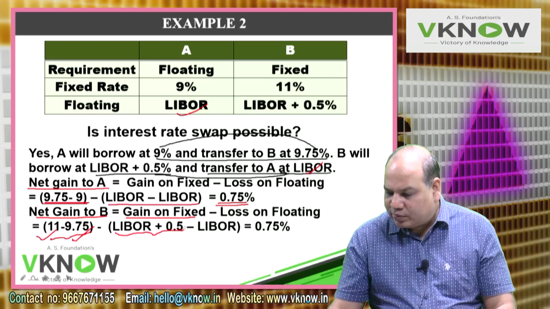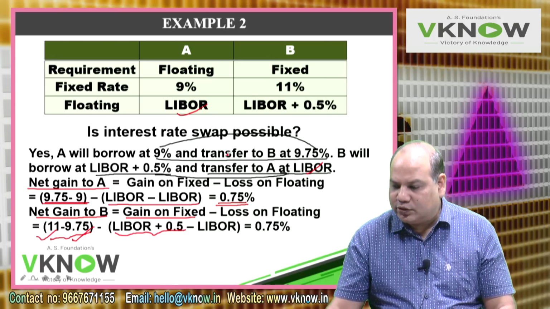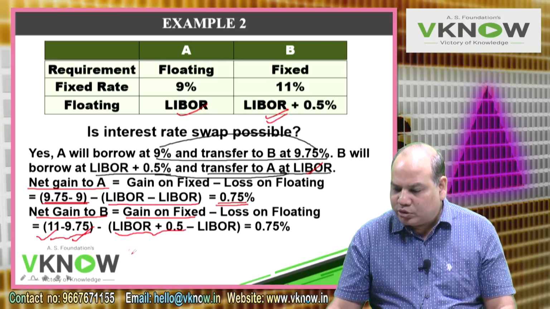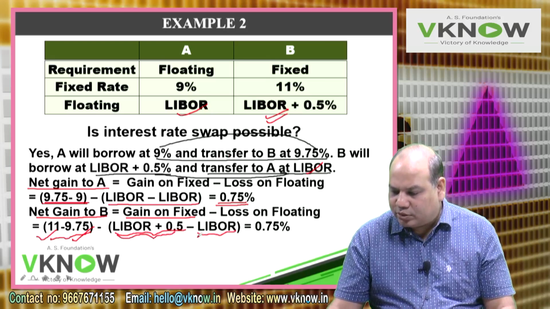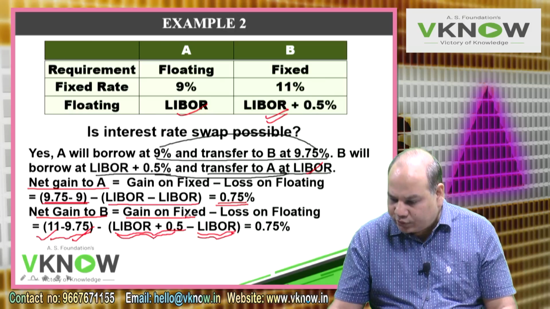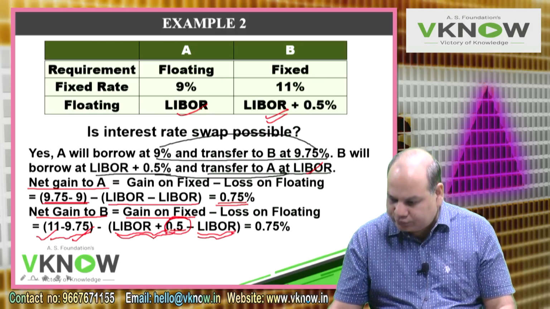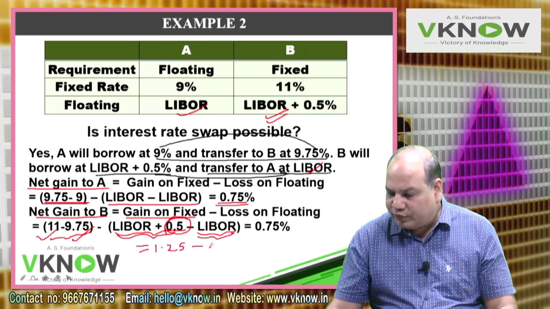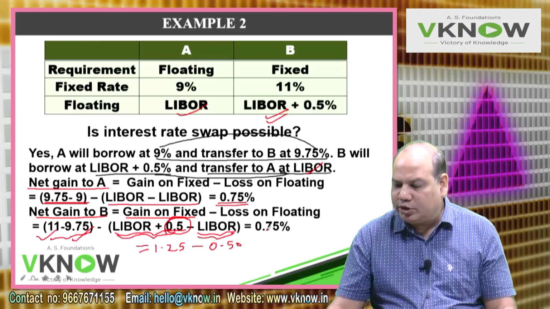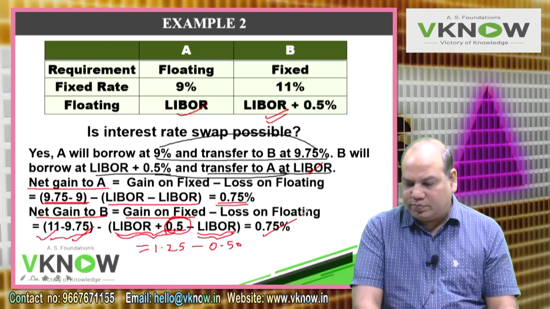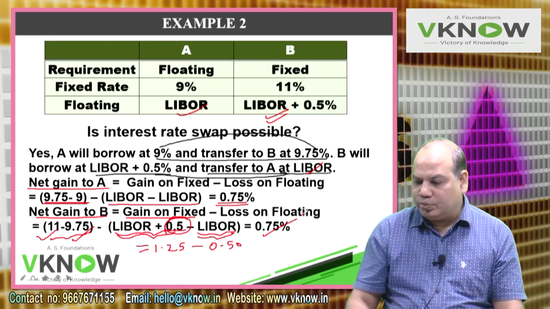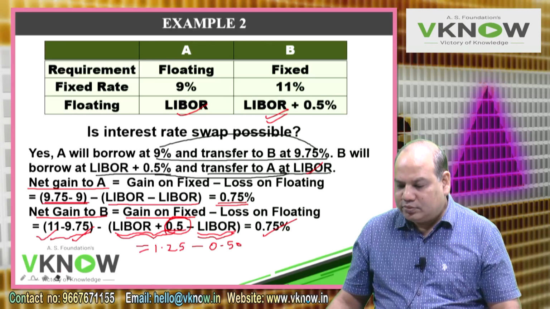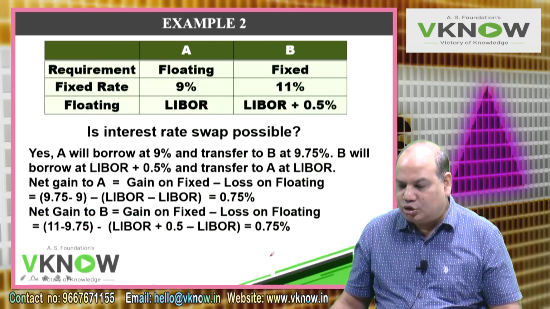It borrows at LIBOR plus 0.5, and it transfers to A at LIBOR. So here there is a loss of 0.5. So 1.25 gain on fixed rate and 0.50 loss is equal to 0.75%. This is the gain to B.